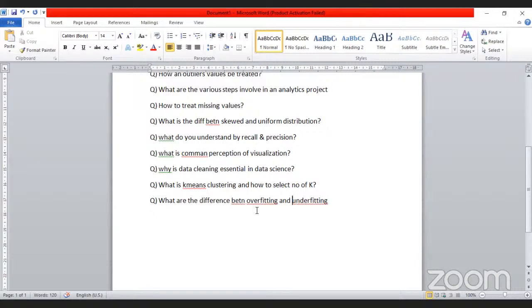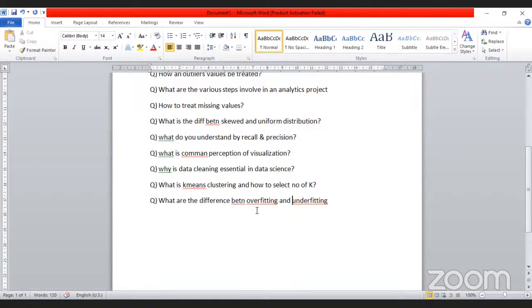Okay, this is the difference between overfitting and underfitting.